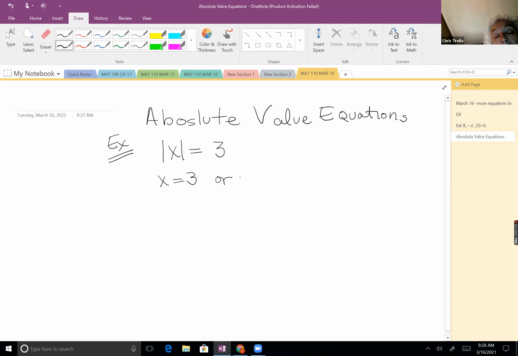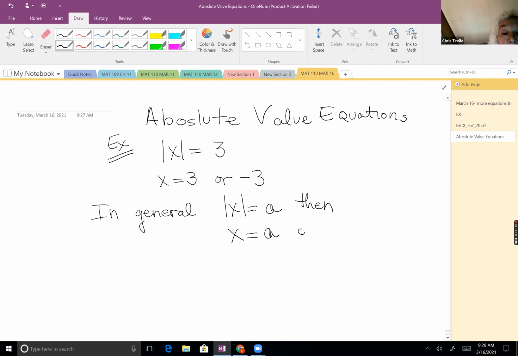Or couldn't it also be negative 3? We're going to say in general, if the absolute value of x is equal to some quantity a, then with these absolute value equations, we'll have two possibilities. x could equal a, or x could equal the opposite of a.